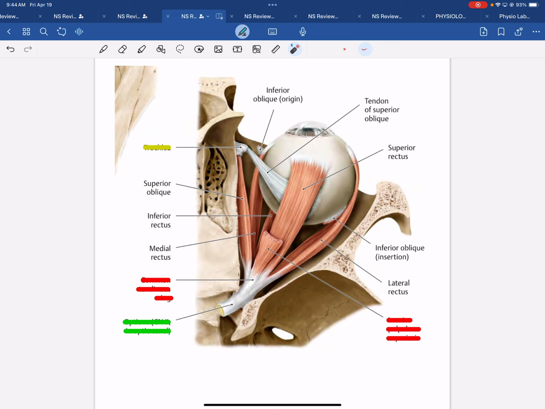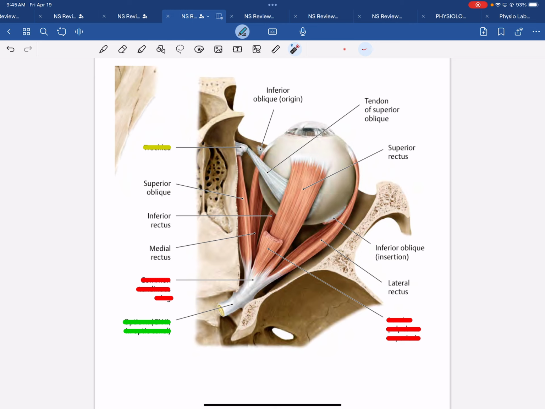Because they are responsible for rotation too. When you say rotation, do you mean eyeball rotation, like the intorsion and extorsion of the eye? Yes, good. Did you learn about that? Intorsion, extorsion? No. It's like when you rotate your head, the image stays still up to a certain point, and then it starts to rotate.